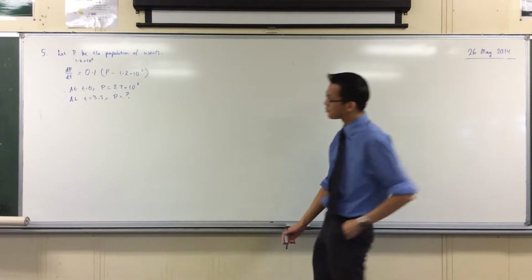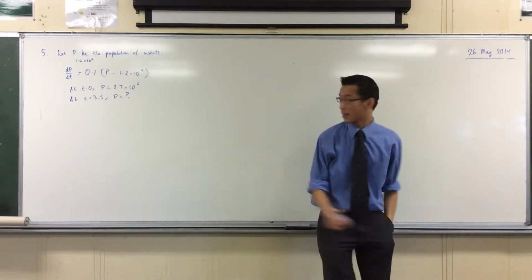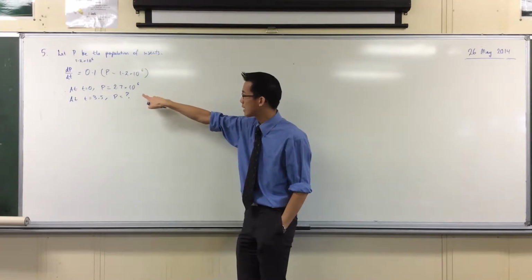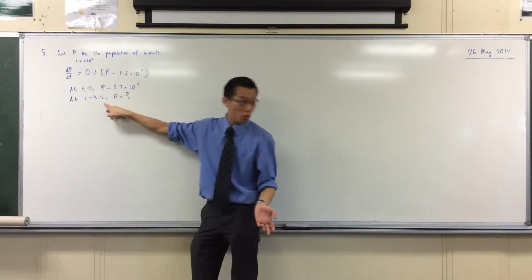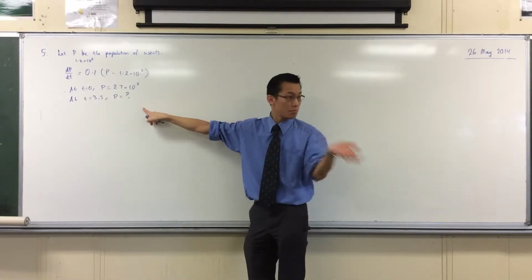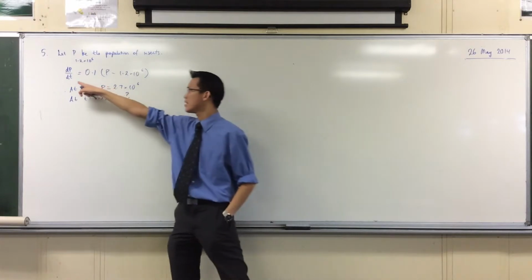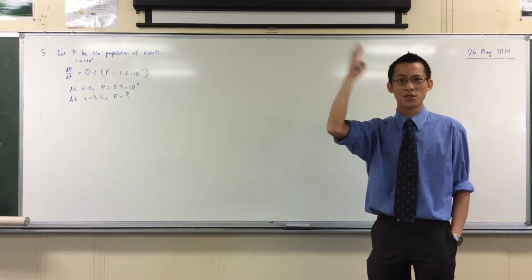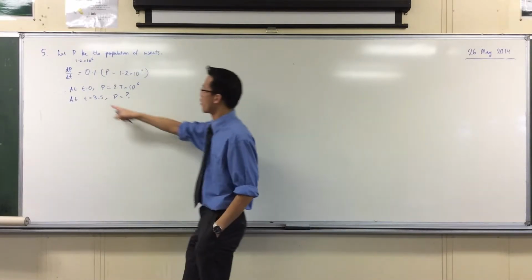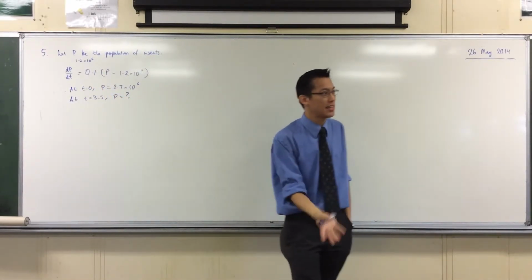All right, now, you have a look at all of this and you think about how am I going to put this all together. Clearly, at this point here, I need some kind of equation for P that I can stick 3.5 into, and then I'll get a value, okay? Now, because you've got dP on dt, some of you might think, oh, I suppose integration might be a natural way to think about how to go from dP on dt to P. That's not a bad thing to think.